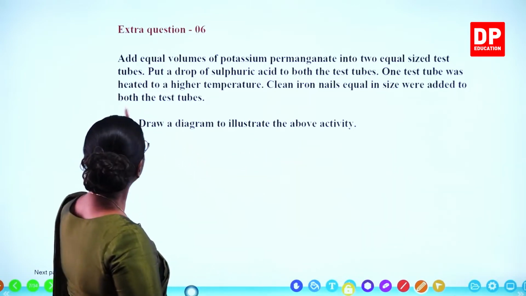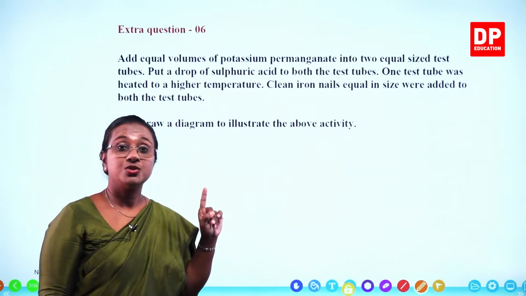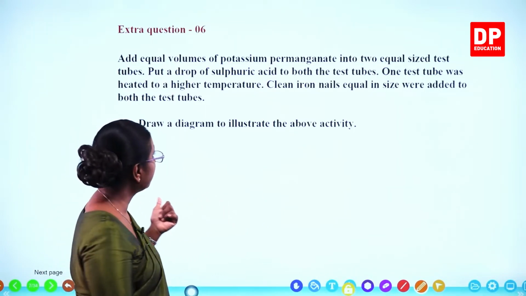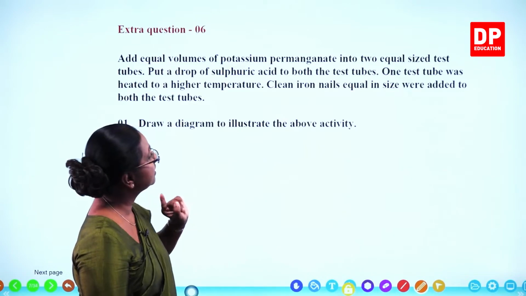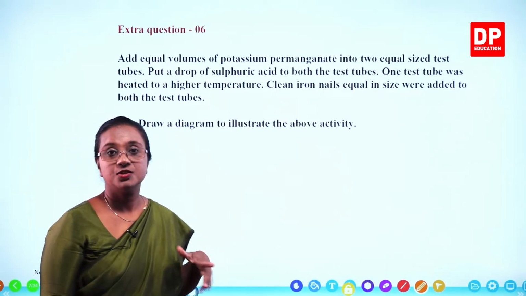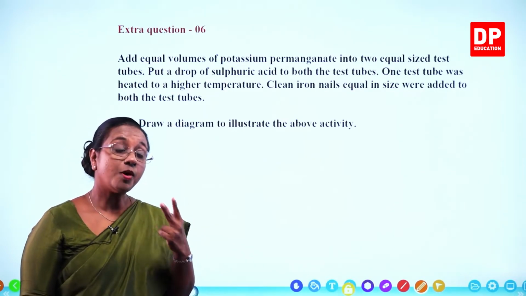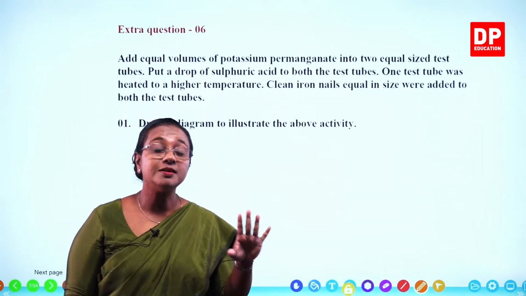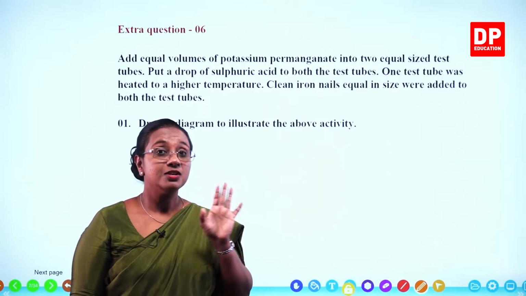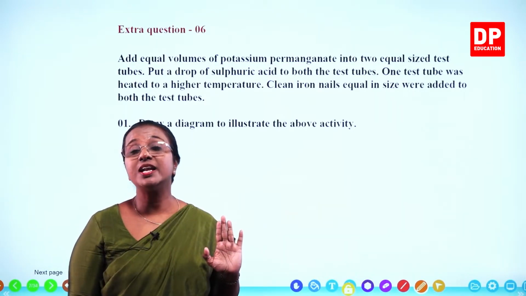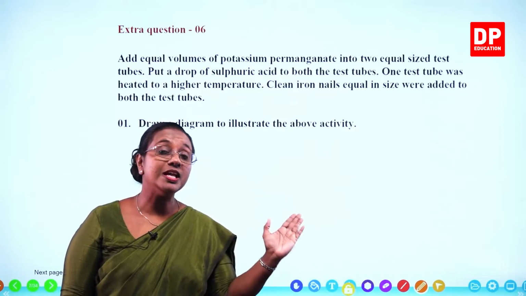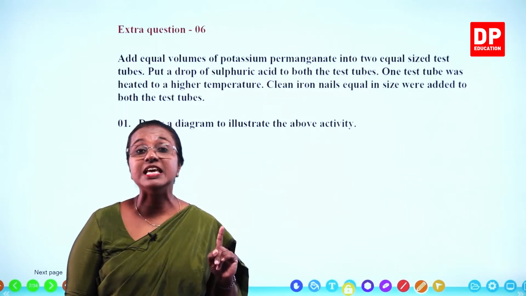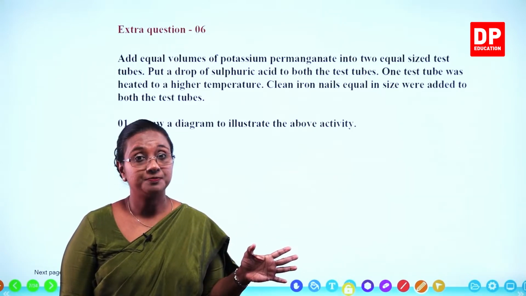One test tube was heated to a higher temperature. So, that means we are going to observe the effect of temperature on rate of reaction. Clean iron nails equal in size. So, 2 points you need to consider. Clean iron nails, so that there is no rust or other compound. So, the correct, required reaction will take place between potassium permanganate and iron. And also they have to be equal in size. Why is that?